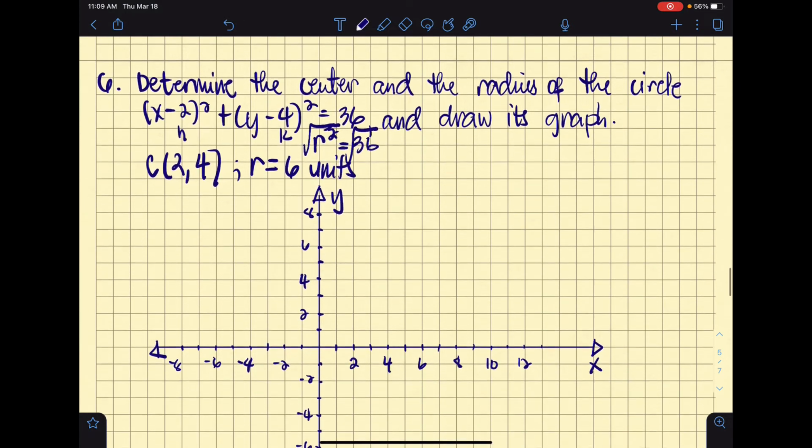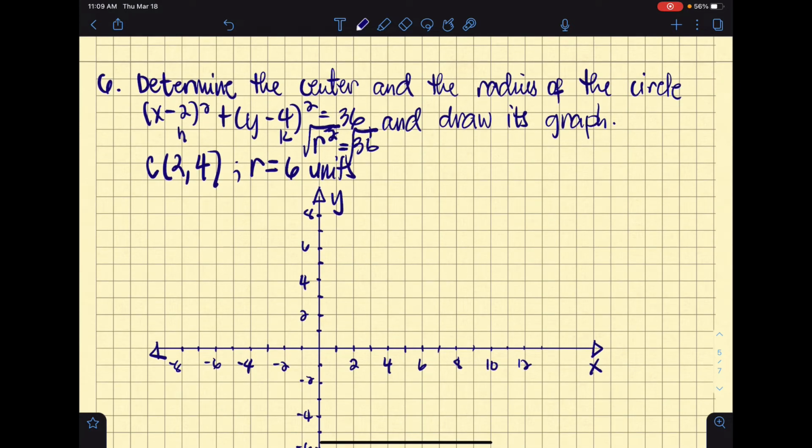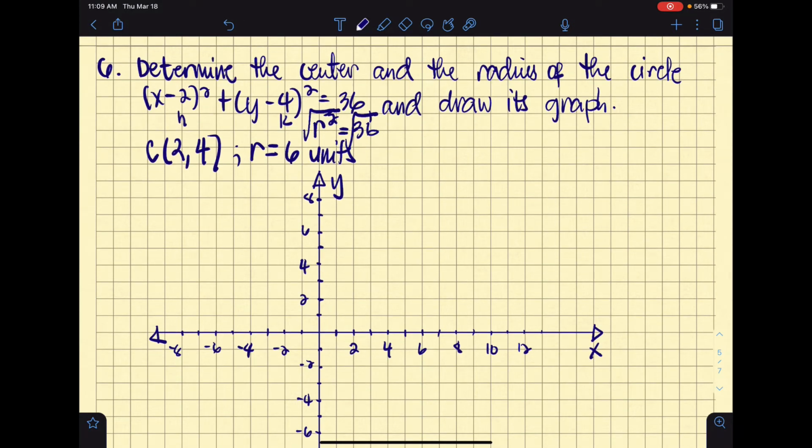Okay, to graph the circle on the Cartesian plane, let us locate the center first. It's 2, 4. So you have 1, 2, positive 2, then positive 4, 1, 2, 3, 4. And our center is located here. Okay? And again, the radius is 6 units.